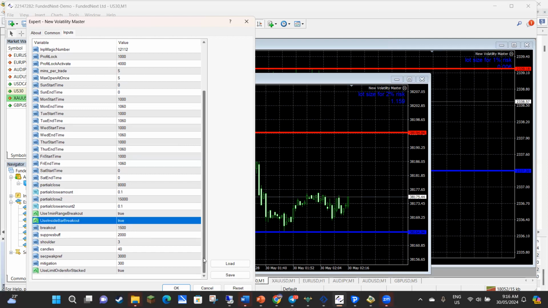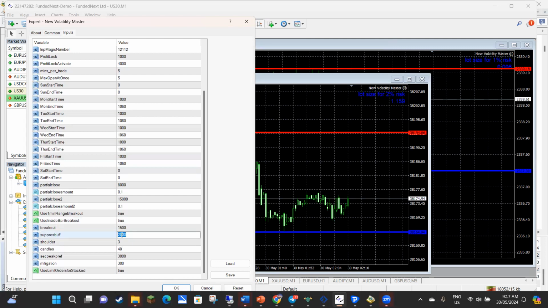It's a little hard to explain exactly how that works if you haven't coded stuff up yourself, but you'll see these same settings in CA breakout. This one's set at 2,000, but this is on US 30. Let's say if I was trading Euro US, I might have that set at just 40 or 50, for example. But we'll get into that more.